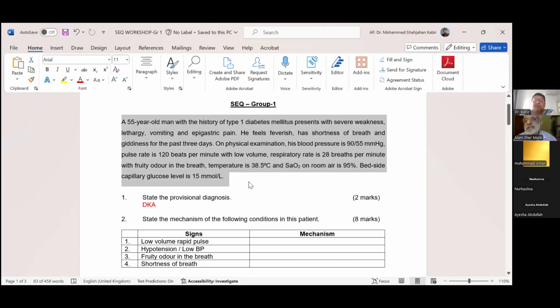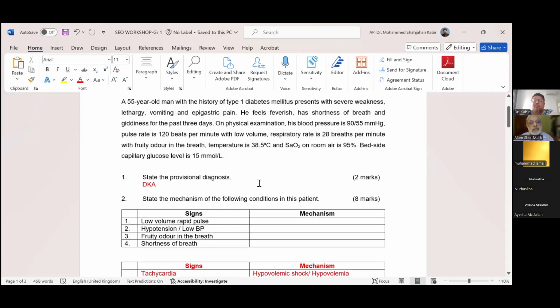You yourself are saying that there would be some students who would not give the answer of DKA. So they get 0 for this, but they would get 0 for subsequent questions as well. There's the inherent problem with SEQ.